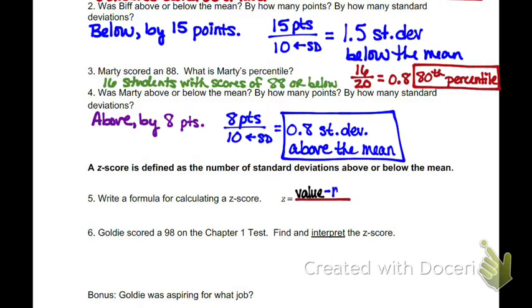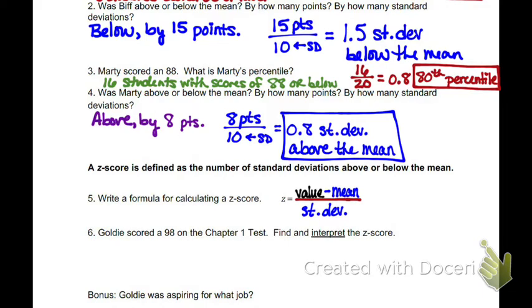We are going to subtract the mean. While I didn't actually have you write down a subtraction problem, I said, how far above or below the mean is it? And so you found that difference. And then we're dividing it by what? Divide it by the standard deviation. By definition, that is what a z-score is.